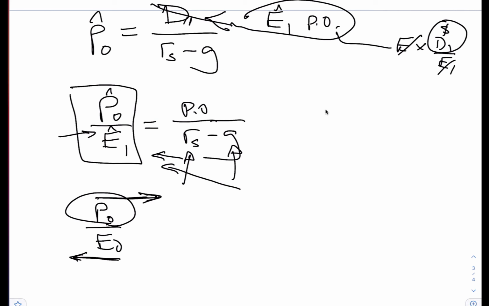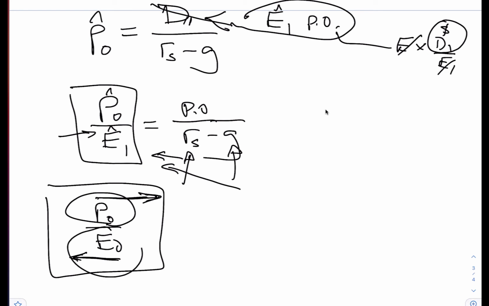This is not quite a consistent measure of a price-earnings ratio, because one item is looking forward and the other is looking back. It's kind of inconsistent, but it is used a whole lot in the real world because people can pretty much agree on what earnings per share is.